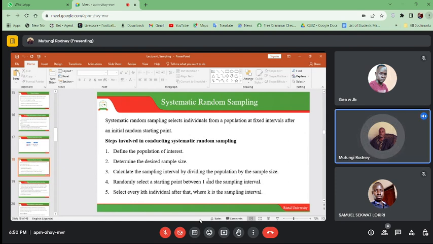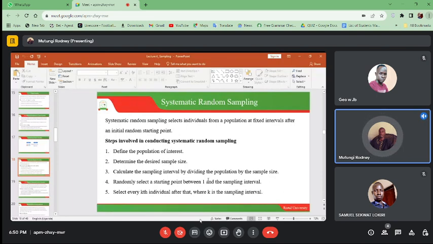After the 10th person, I should be able to get another one, okay? So after counting 10, I should arrive at the next person who is going to take part in this study. So you randomly select a starting point between 1 and the sampling interval. The sampling interval in our case is 10.